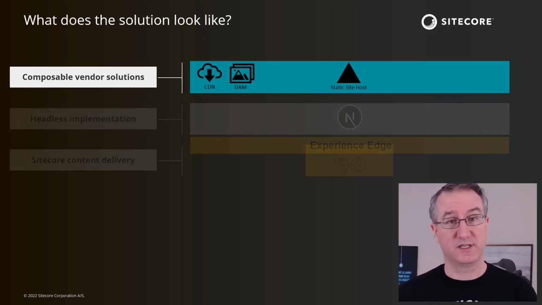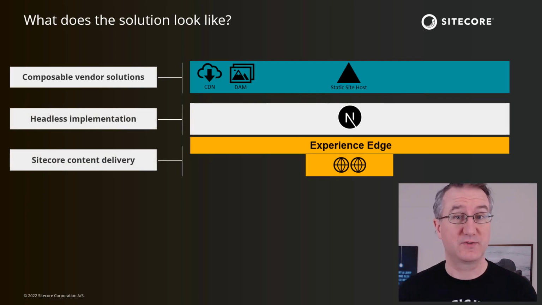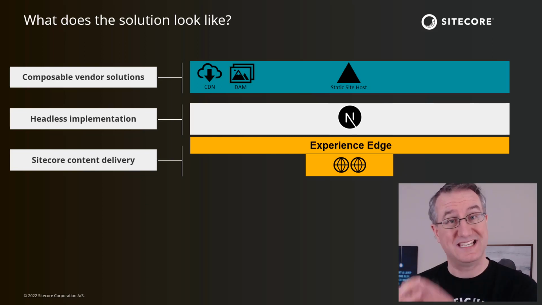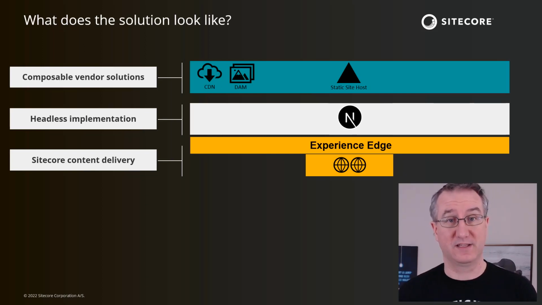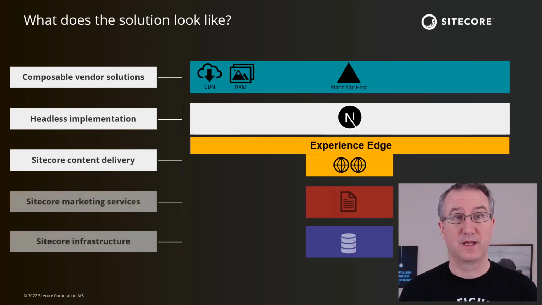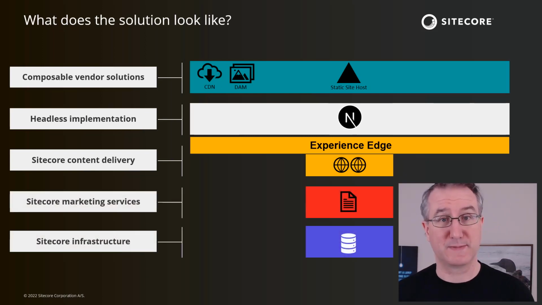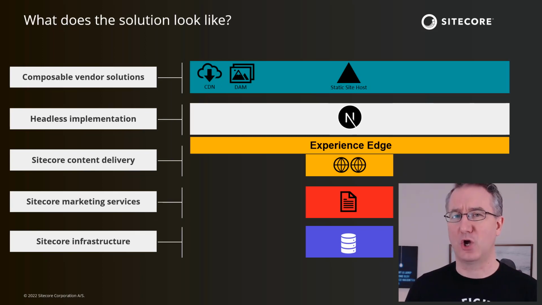And below this tier, they're using Experience Edge from Sitecore and also some content delivery nodes to do a Next.js application. They're using headless services built fully headlessly. Underneath that, from a marketing service perspective, they're primarily just using content.